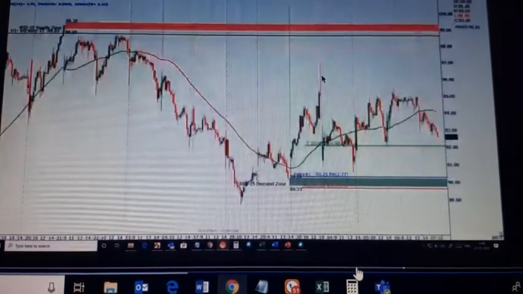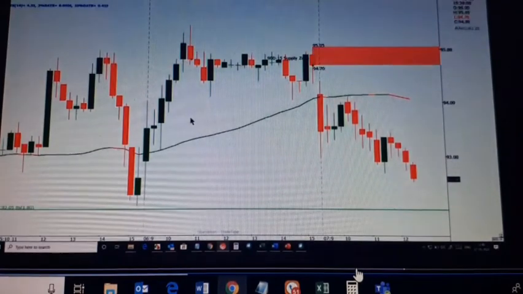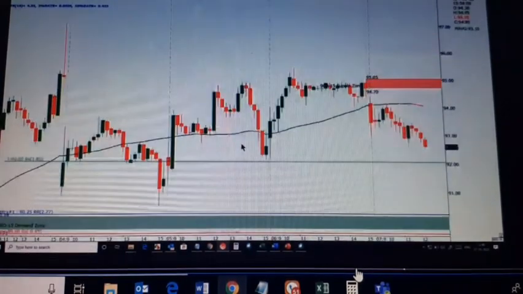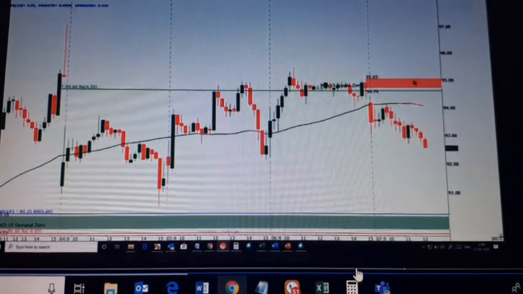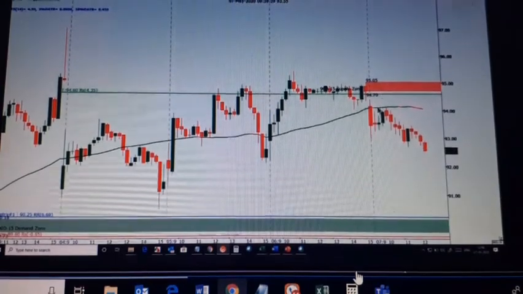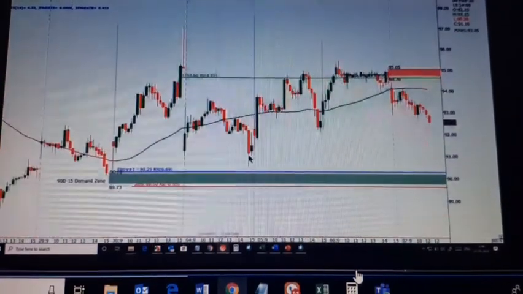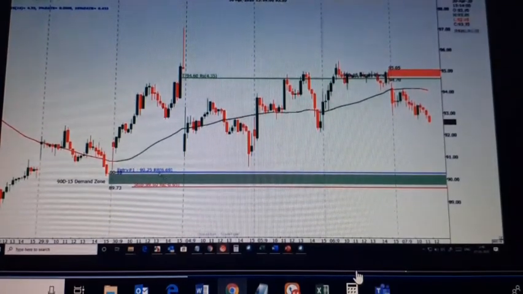Now we have a new supply zone formed, which is over here, a rally base and a drop. So your target could be this. This is your opposing level of supply. That is your target. So is your target representing 3:1? It's representing more than 6:1 over here.